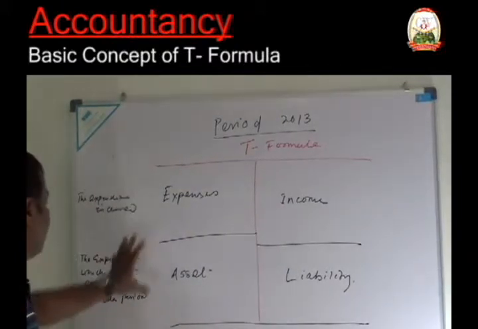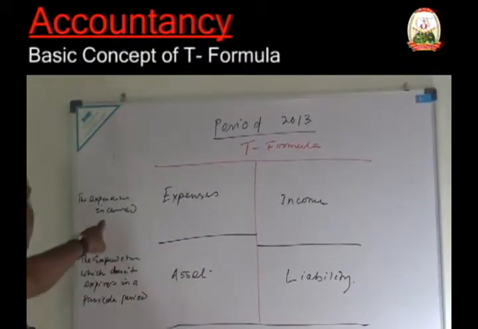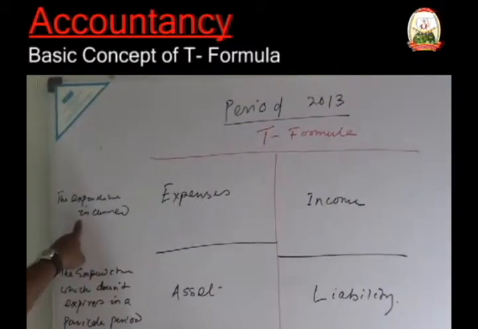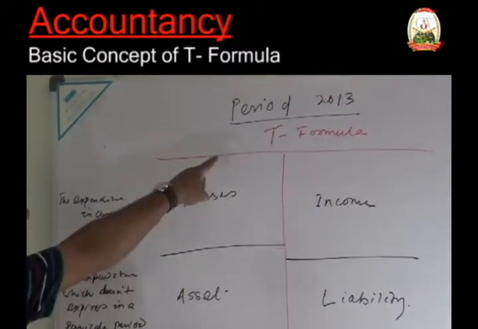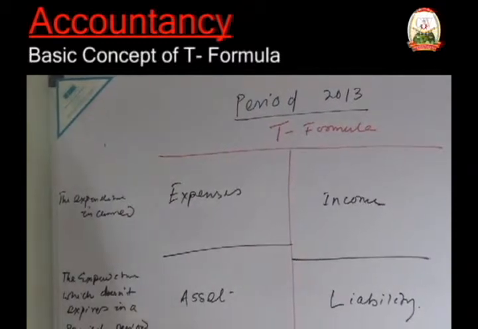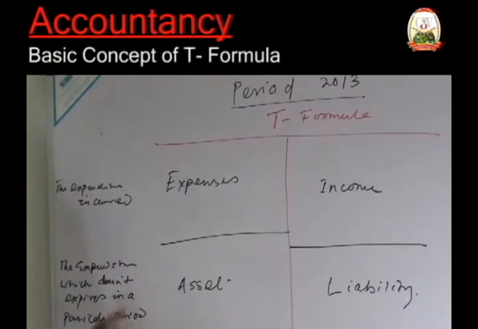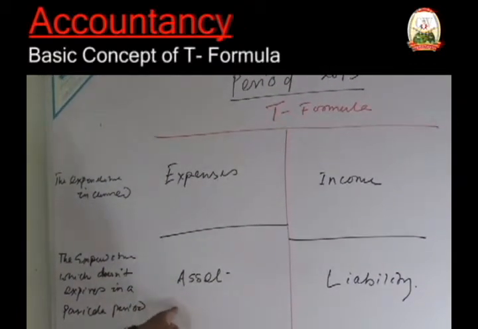The only difference between the two is this: expenses are the expenditure that expires during a particular period, whereas the asset is also an expenditure which doesn't expire during a particular period, and it helps in generating money.